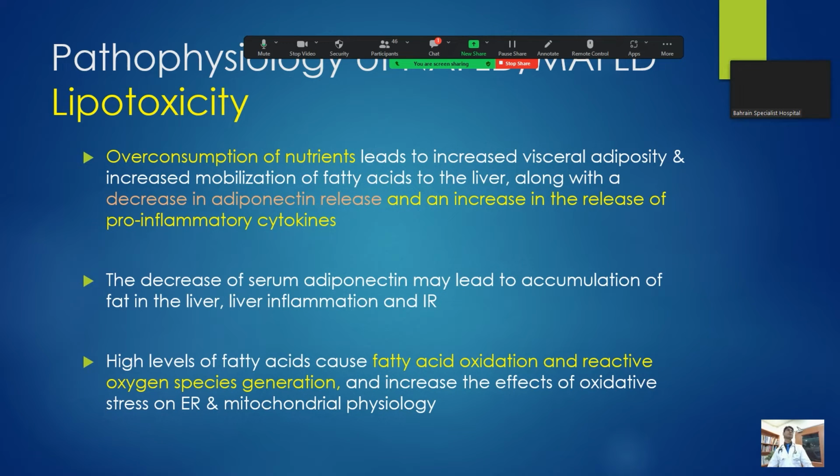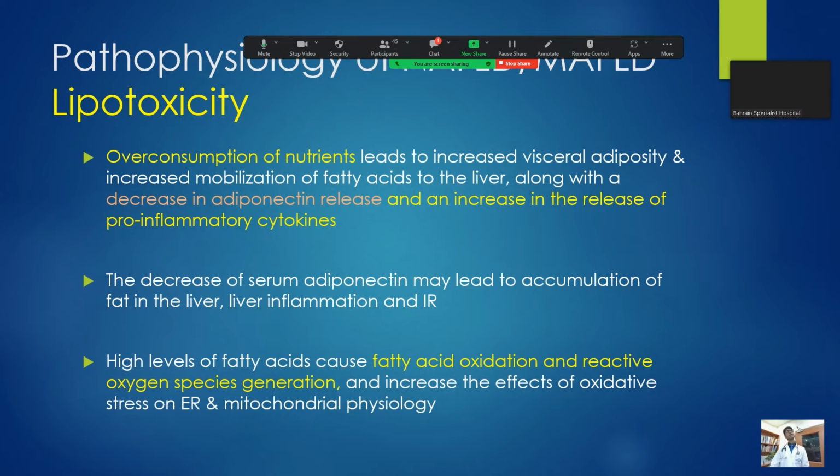As Dr. Najam mentioned, the abundance of food has also significantly affected it. The lifestyle, abundance of food, and sedentary lifestyle have all led to overconsumption of nutrients, resulting in adiposity, specifically visceral, which decreases adiponectin, a hormone.